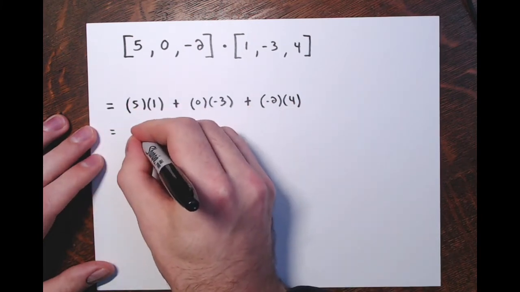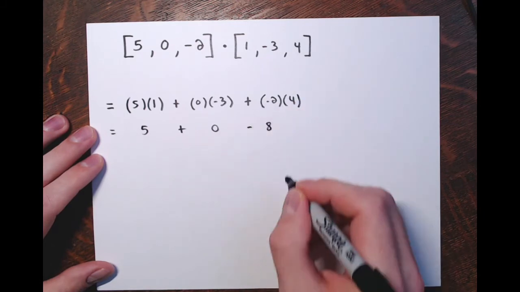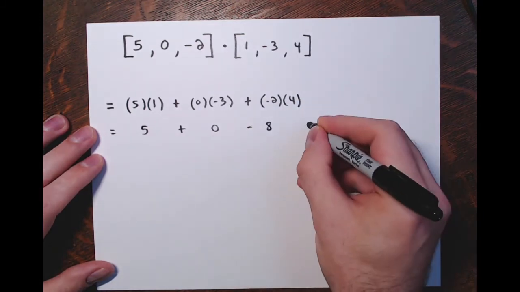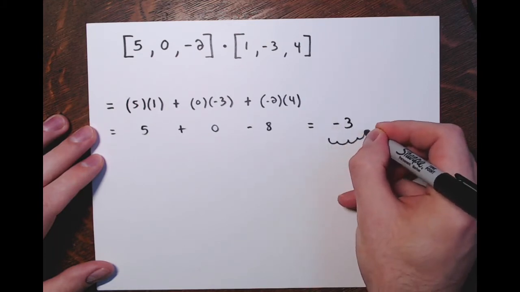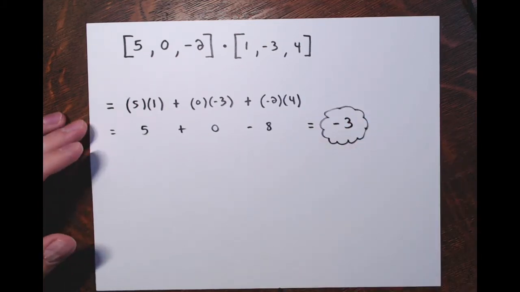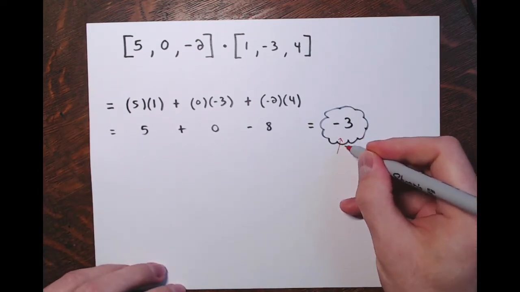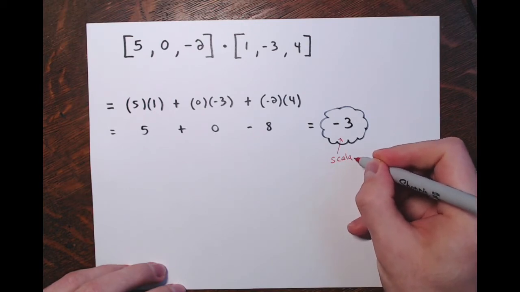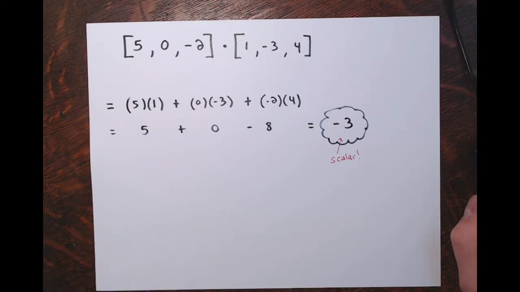So we have here 5 plus 0 and then plus negative 8. So this all ends up resulting in negative 3. But notice again that it ends up being a scalar, just a real number, not another vector. And it really is as simple as that. Just the sum of the products of corresponding components.